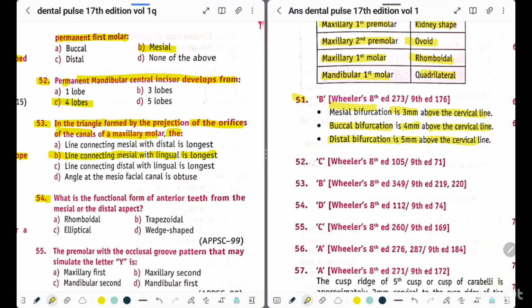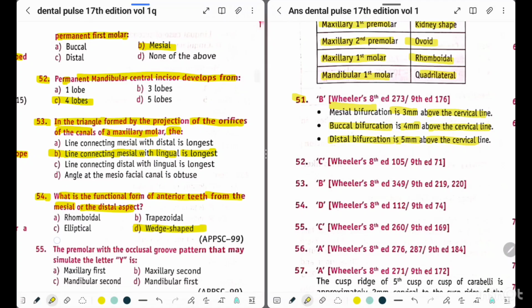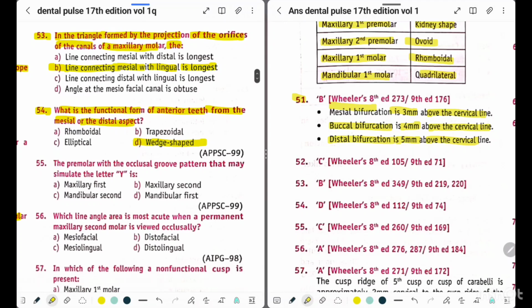Question 54. What is the functional form of anterior teeth from the mesial or the distal aspect? So its answer is D, wedge shaped. Now question 55. The premolar with the occlusal groove pattern that may simulate the letter Y is.